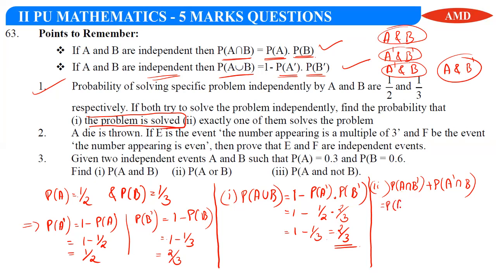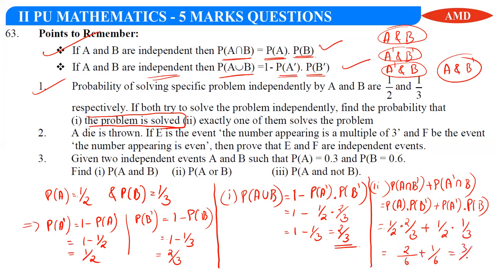Therefore, I can write this as probability of A into probability of B dash using the first formula, plus probability of A dash into probability of B. This will be equal to 1 by 2 into 2 by 3 plus 1 by 2 into 1 by 3. This is equal to 2 by 6 plus 1 by 6, which is equal to 3 by 6, that's equal to 1 by 2. So isn't it an easy question?